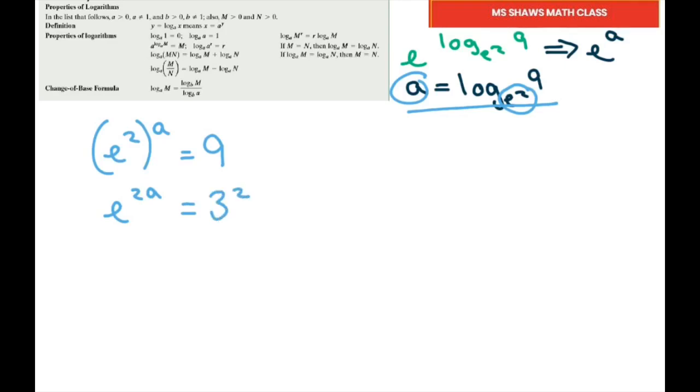Now square root both sides, or just power each of these by 1/2. And you get e to the little a equals 3. And then you can use the formula, or just take ln of both sides.